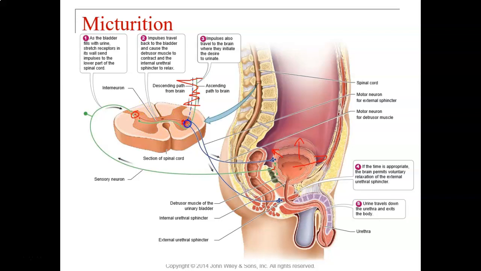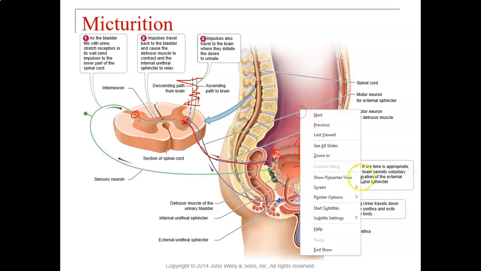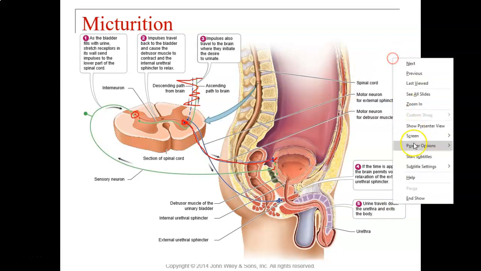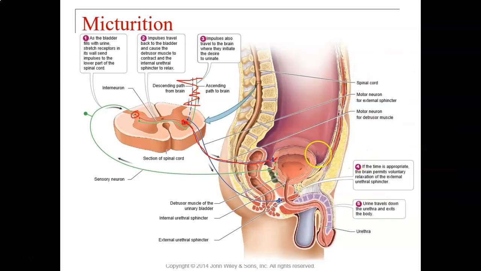When that reflex is initiated, it travels down to the smooth muscle of the bladder and causes it to contract. As it contracts, urine is then expelled into the urethra and outwards.